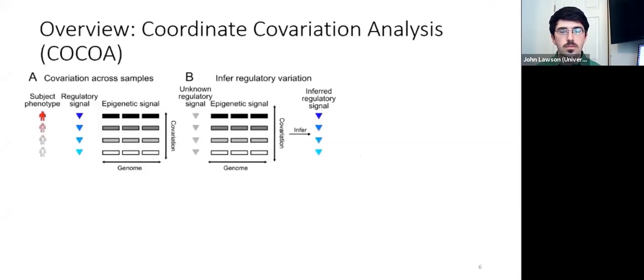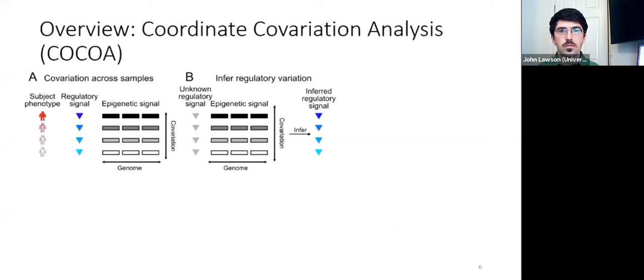So now I'll just explain the concepts of the method and the background philosophy. Our method is based on this observation that when you have regions in the genome, the little rectangles here represent regions, that have shared regulation, the epigenetic signal will be similar in these regions.